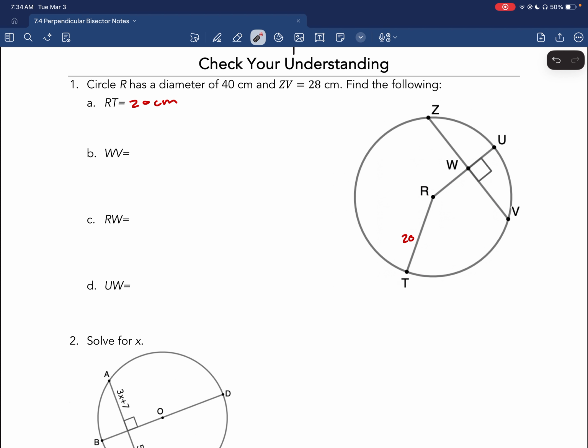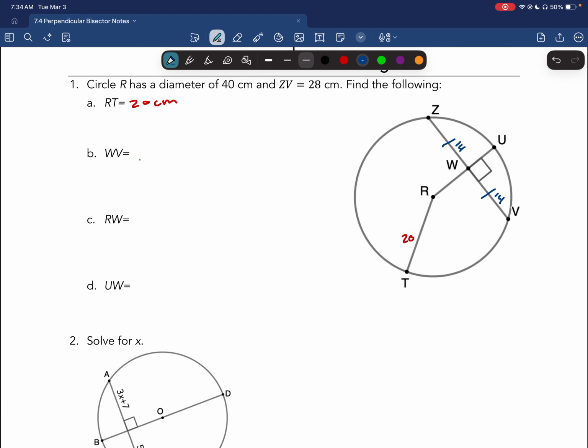Now in our quick notes, we said if a chord meets the radius at 90 degrees, then that is a perpendicular bisector, which means these two sides have to be equal to each other, okay? These have to be equal. Since I know that the whole distance of ZV is 28 centimeters, then that means half of that distance is 14 centimeters, and this is also 14 centimeters. So WV is just 14 centimeters, okay?